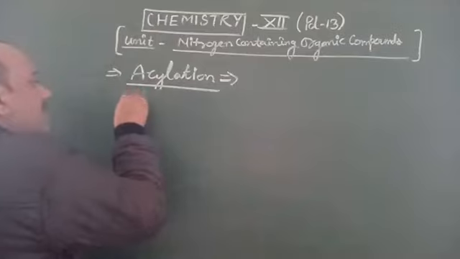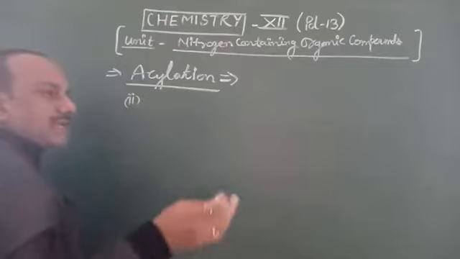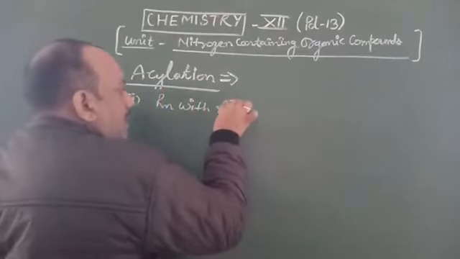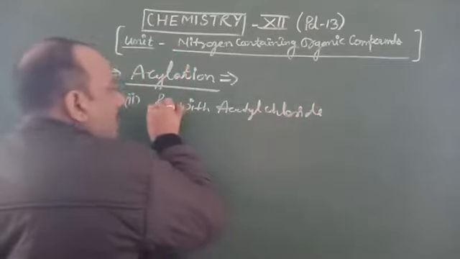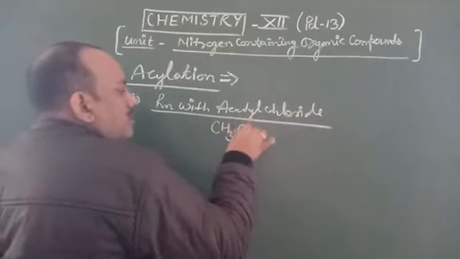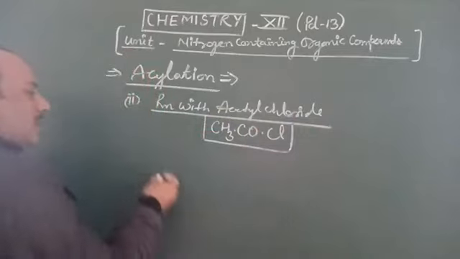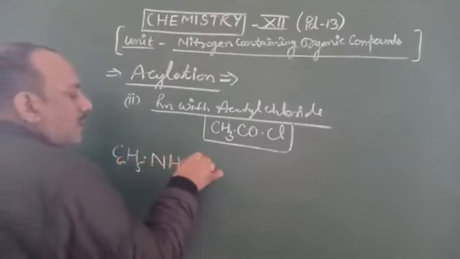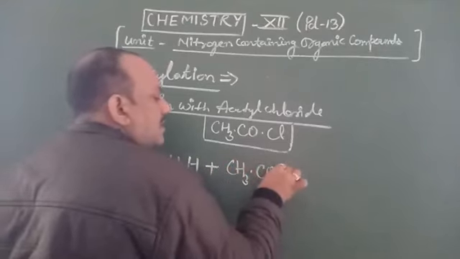Now the second reaction of acylation is completed with acetyl chloride, also known as acid halide. The formula of acetyl chloride is CH3COCl. C6H5NH2 reacts with CH3COCl.